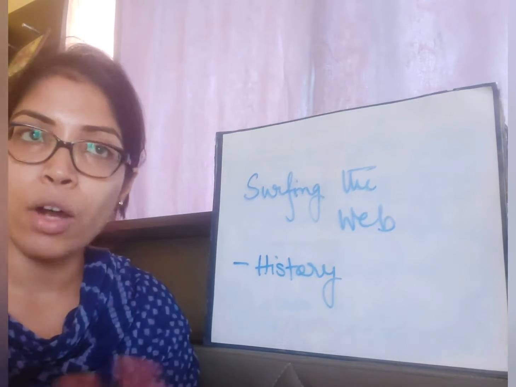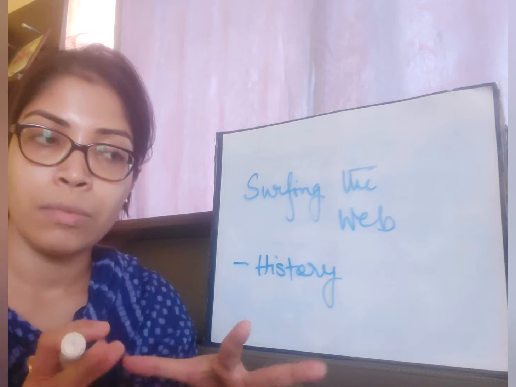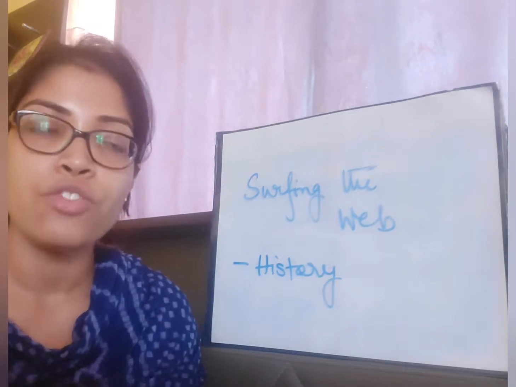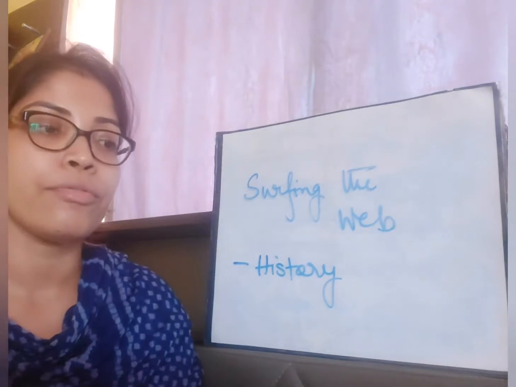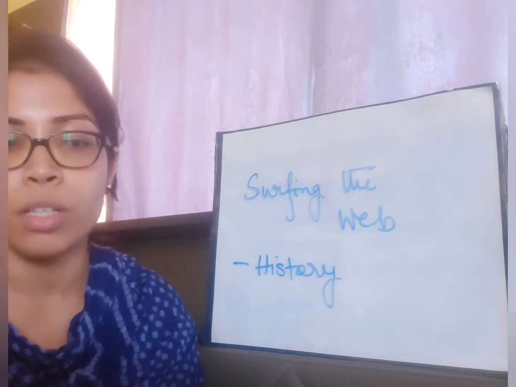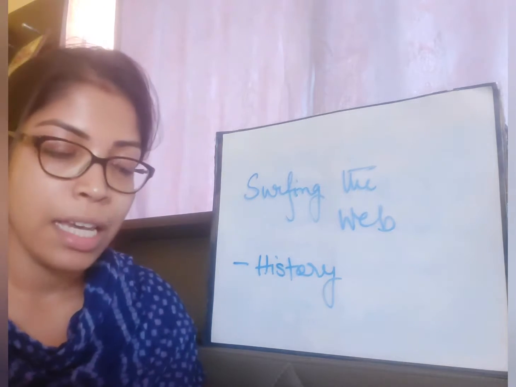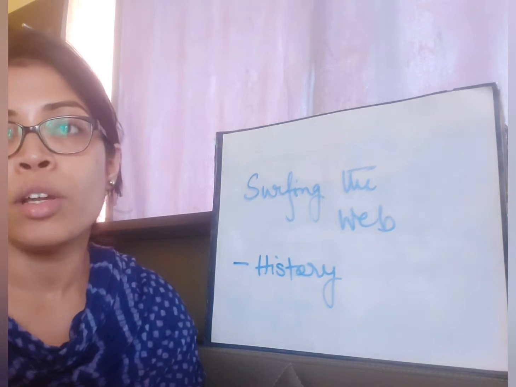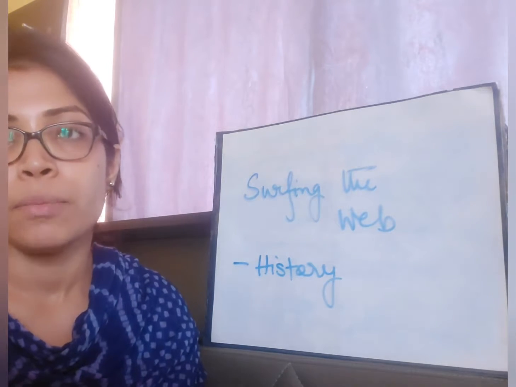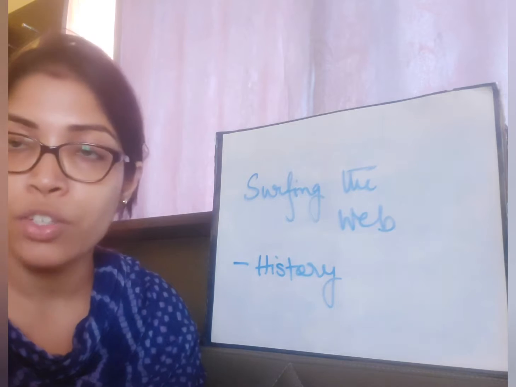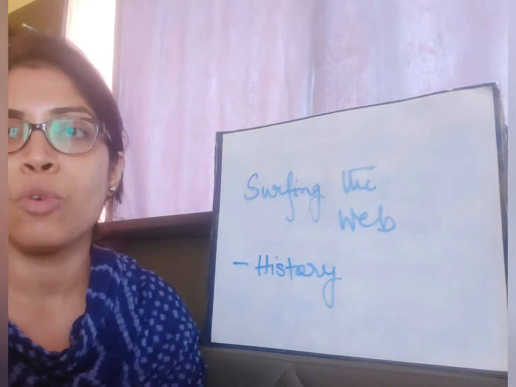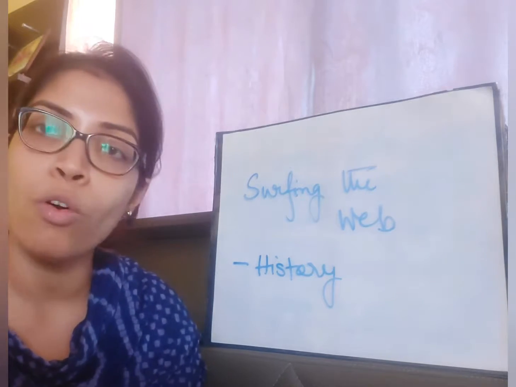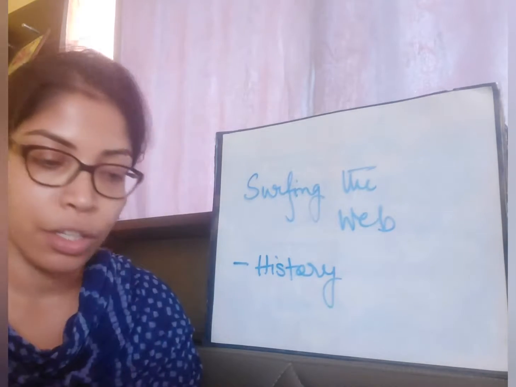According to the concerned topic, history means what has already taken place in the past. Now in case of web surfing, searching through the internet, history basically means what all we have searched previously: what web pages we visited, what websites we opened, what searches we made. All those things come under the category of history.